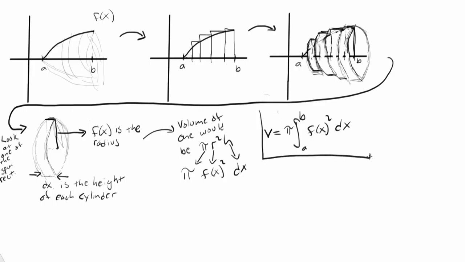And this would be, I think, the simplest formula when you're just taking some function and revolving it around the x-axis. So next I'll do an example to show you how this works and actually use the formula, but like I said, I don't think it's necessary for you to memorize much. This is literally just pi r squared h. So the formula is fairly simple, fairly straightforward, and fairly easy to use.